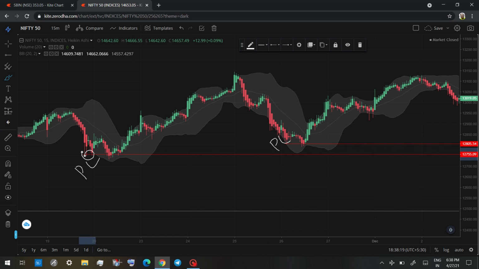That is a double confirmation, and you can go for a buy signal. There is also a skew of the Bollinger Band. Whenever a Bollinger Band skews, there will be a strong upward or downward trend.